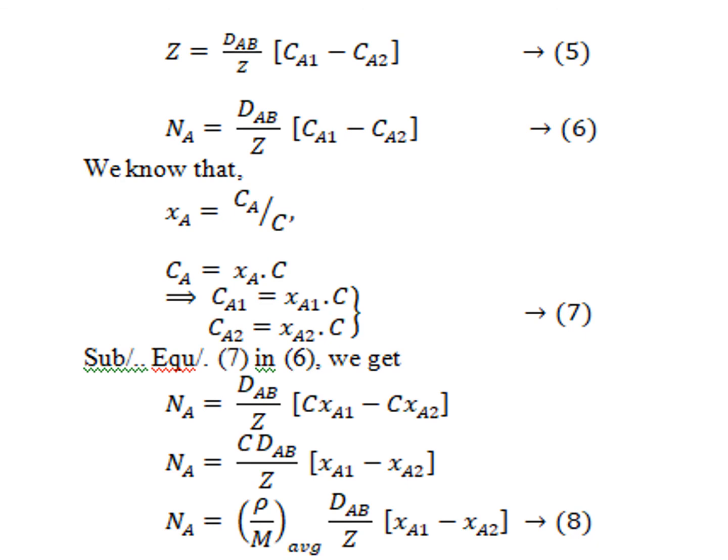C we have, rho by M average. So concentration is equal to density divided by average molecular weight, into Dab by Z, the same, finally into (Xa1 minus Xa2). So this is the total flux expression.